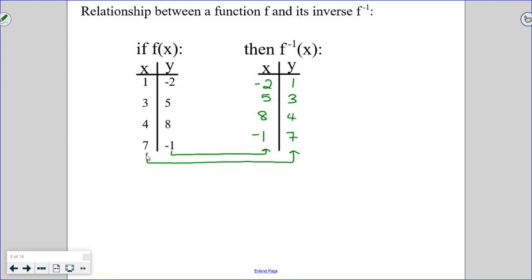Or for each individual point, if 1 comma negative 2 is on f of x, then negative 2 comma 1 is on f inverse. That's the underlying theme of inverses, is flipping x's and y's.